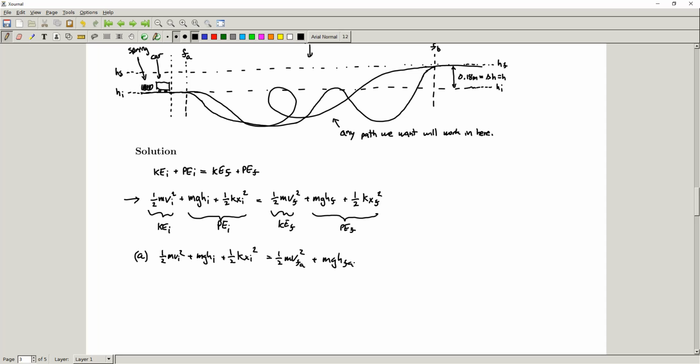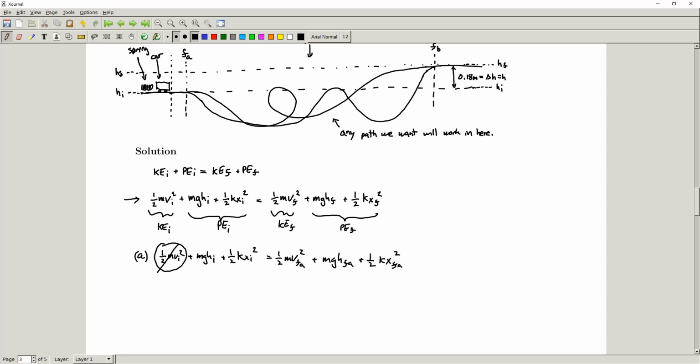I'll do the same here, and I will do the same here. Okay, and so let's think about what types of energy we actually have. Initially the car is up against the spring. It's not moving. So we have no initial kinetic energy, right? So we can remove that term. We could have had some initial kinetic energy depending on what we count as our starting point, but in this case we didn't. So that one's gone.